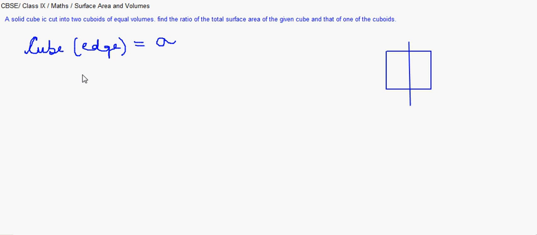That means the dimensions of each cuboid which is formed will be: the breadth will be A, the length will be A, but the height will be A by 2. So the cuboid will have the same length and breadth, but the height is getting halved.